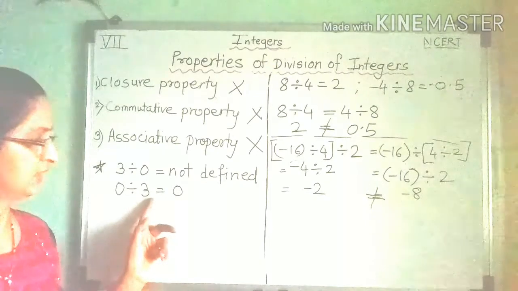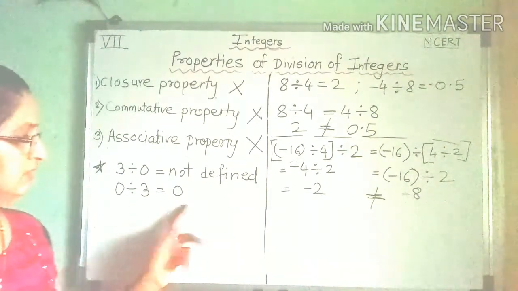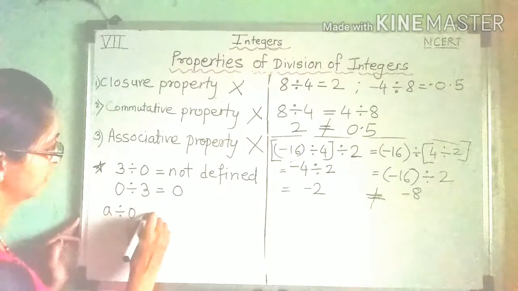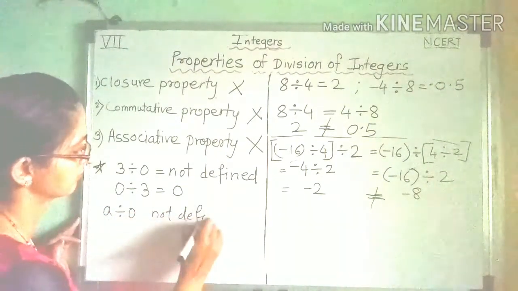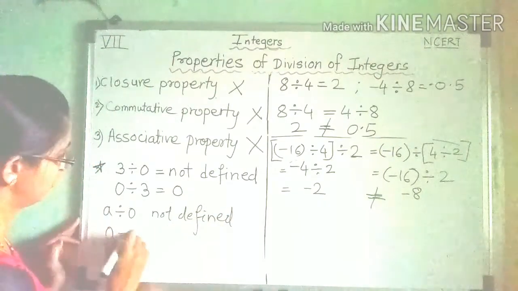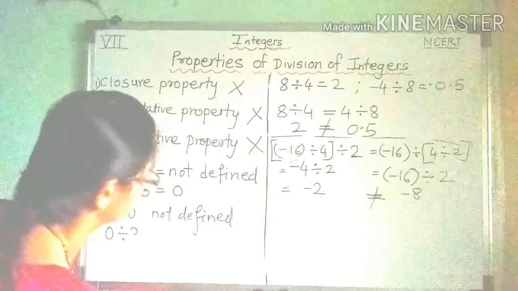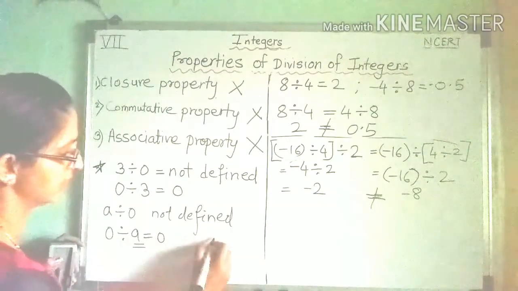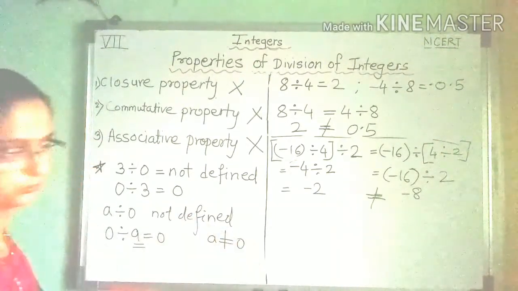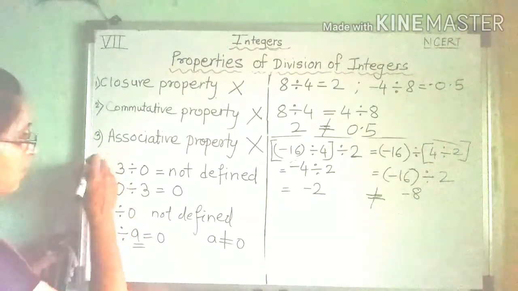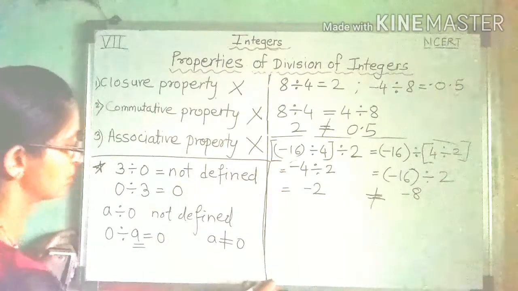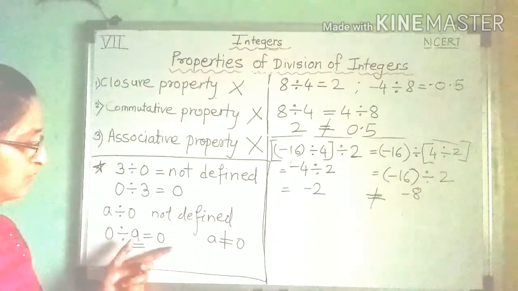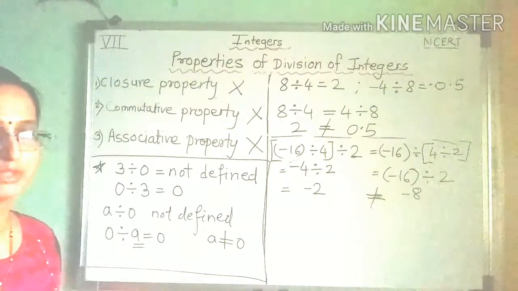In general, we say that a divided by 0 is not defined, but 0 divided by any integer a is equal to 0, where the value of a is not equal to 0.